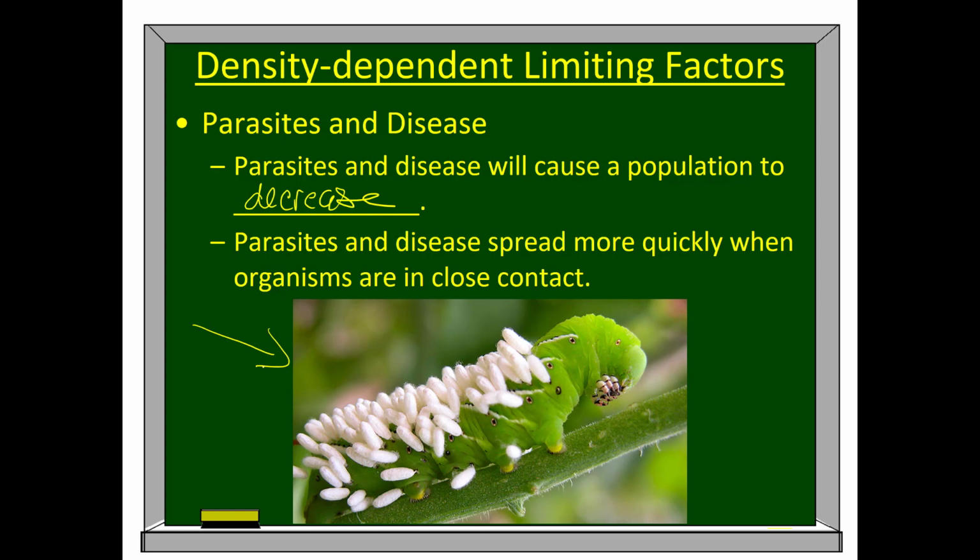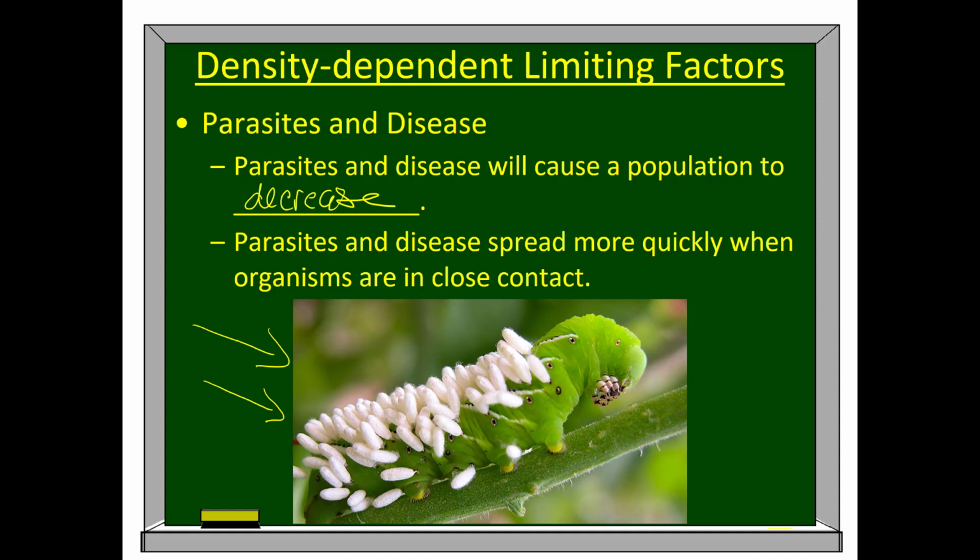What that parasitic wasp does is it lays all of its eggs. Those are what those little white things are on the caterpillar. It lays its eggs on there, and while the eggs are developing into adults, they start sucking all of the nutrients out of that caterpillar. They end up hurting the caterpillar by taking all of its nutrients and causing it to die.